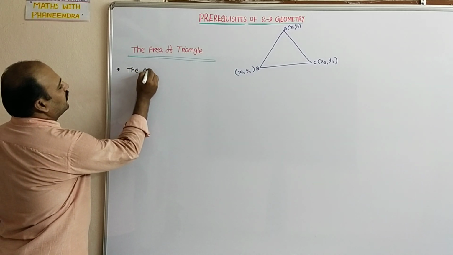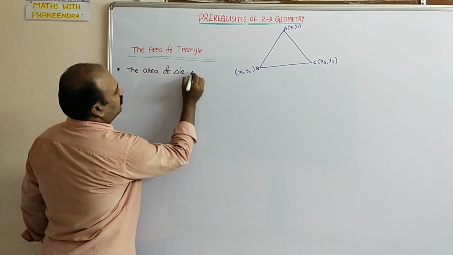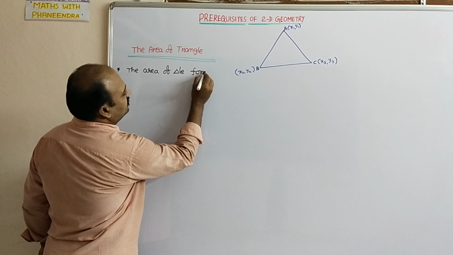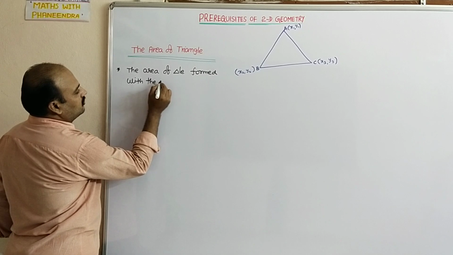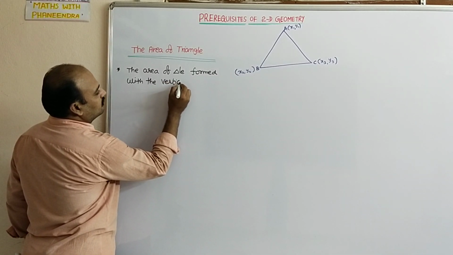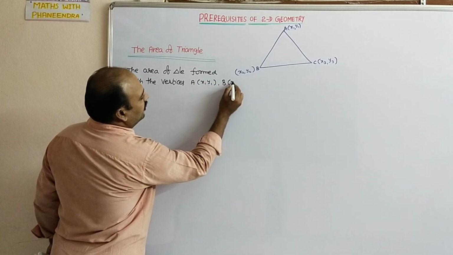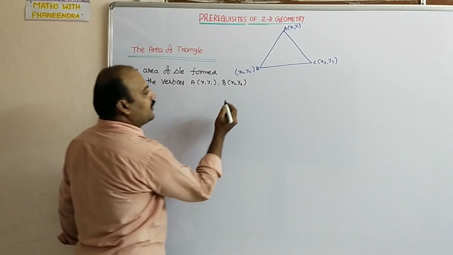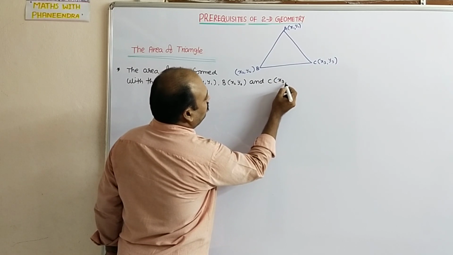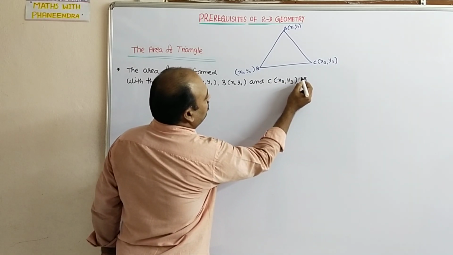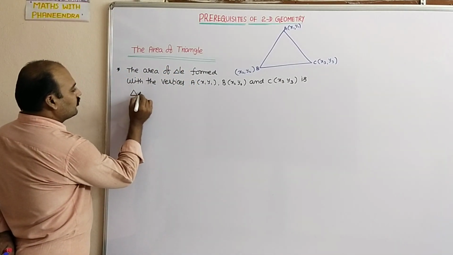The area of triangle formed with the vertices A of (x1, y1), B of (x2, y2) and C of (x3, y3) is denoted by delta.